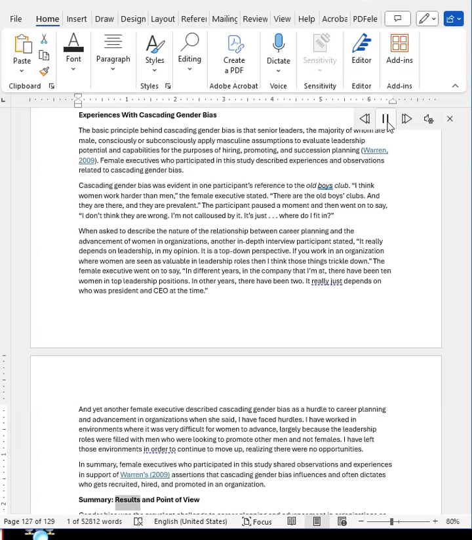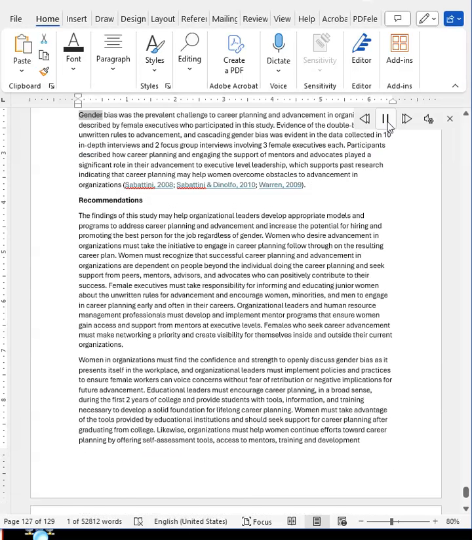Summary, results, and point of view. Gender bias was the prevalent challenge to career planning and advancement in organizations as described by female executives who participated in this study. Evidence of the double bind, the unwritten rules to advancement, and cascading gender bias was evident in the data collected in 10 in-depth interviews and 2 focus group interviews involving 3 female executives each.